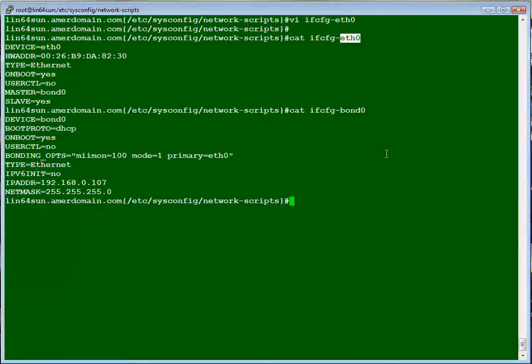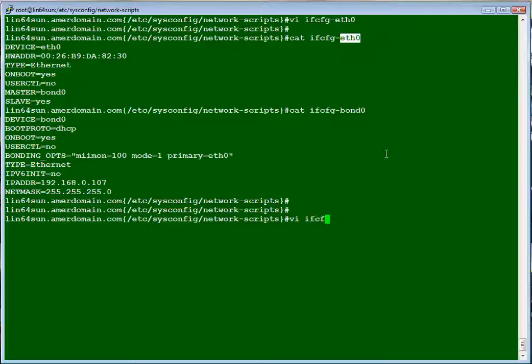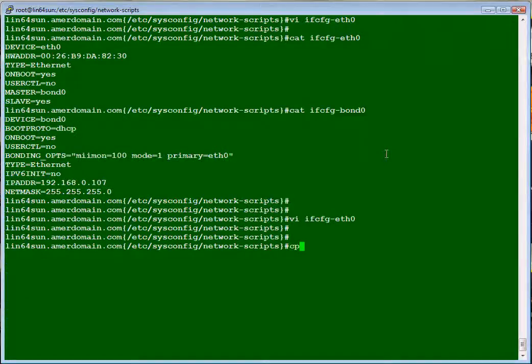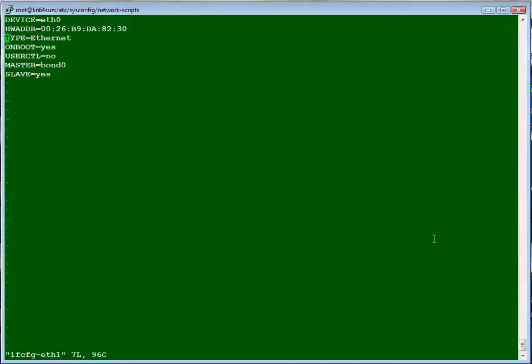So in that case, what will be the entry? Let me show you how it will be. For example, I have Ethernet 1, just pretend that you have a second Ethernet card, that is Ethernet 1. In that case, for example, you are directly assigning the IP to the Ethernet card instead of assigning the IP address to the bond.